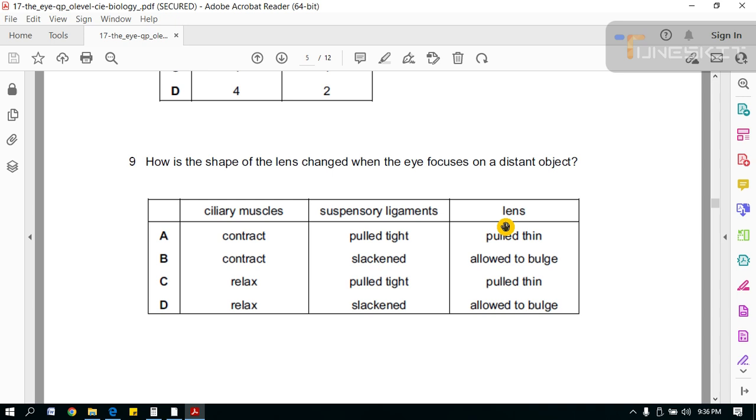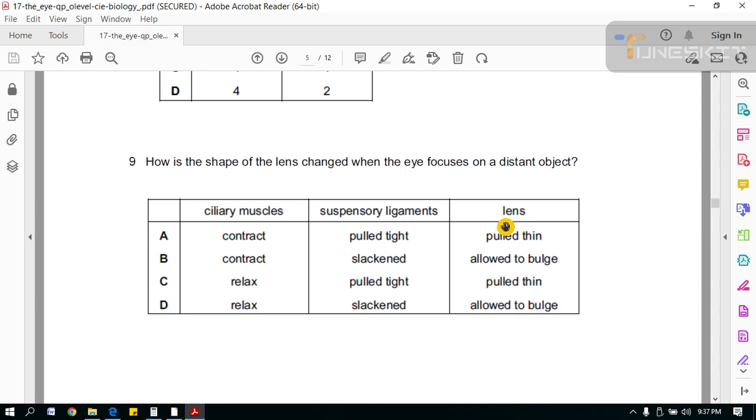It is a very similar MCQ. We have already discussed this in previous MCQs. When you see things at a distance, what type of changes occur in the lens, and in other structures like the ciliary muscles? What happens to the ciliary muscles when you see things at a distance? Ciliary muscles become relaxed. That's it.